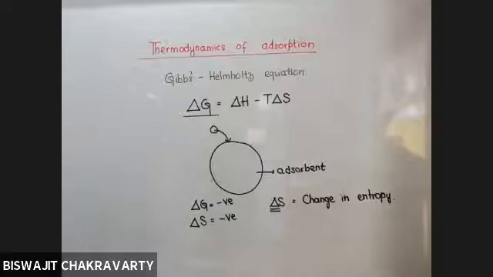What does the entropy of a system signify? Tell me if you don't know, I'll explain it. Entropy is randomness. At a particular system, how much randomness there is, that is measured in terms of entropy, S. Out of solid, liquid, and gas, which physical state has maximum entropy?